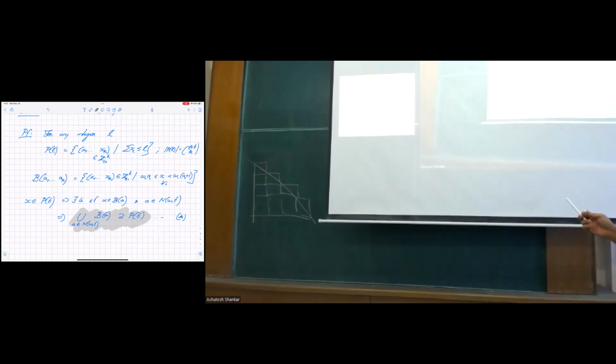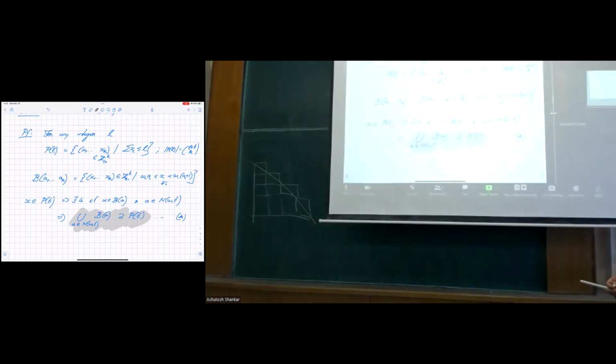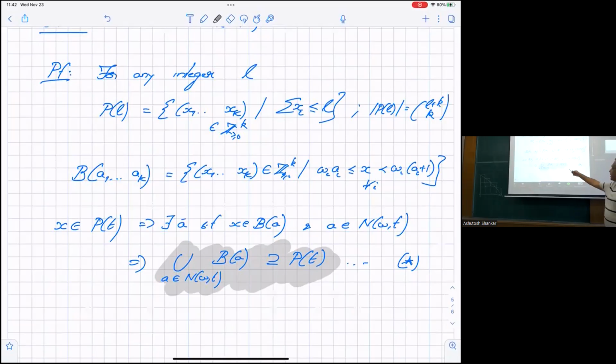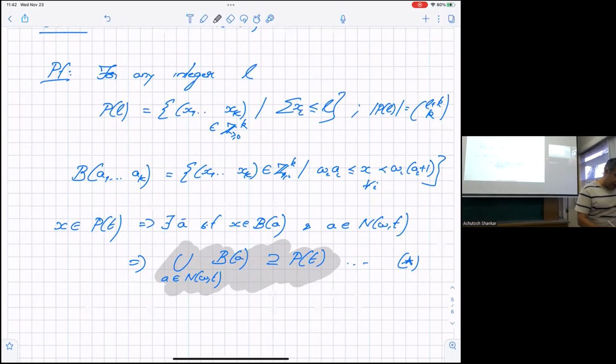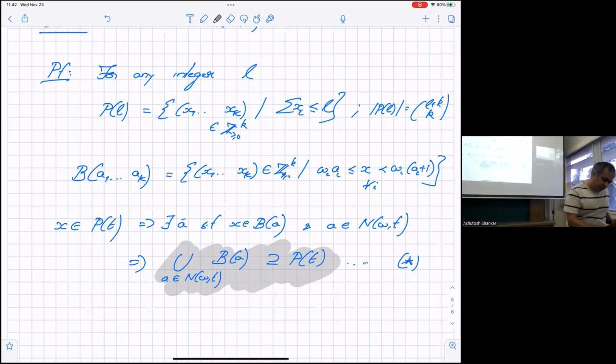This will give you one direction, because notice the size of each box is fixed. What is the size of a box? No matter what a is, the size of the box is the product of the w_i.